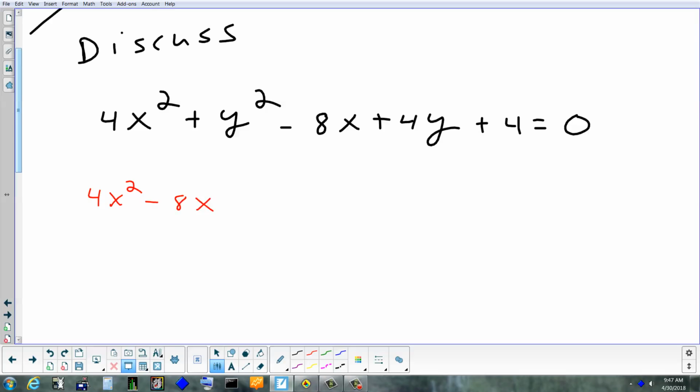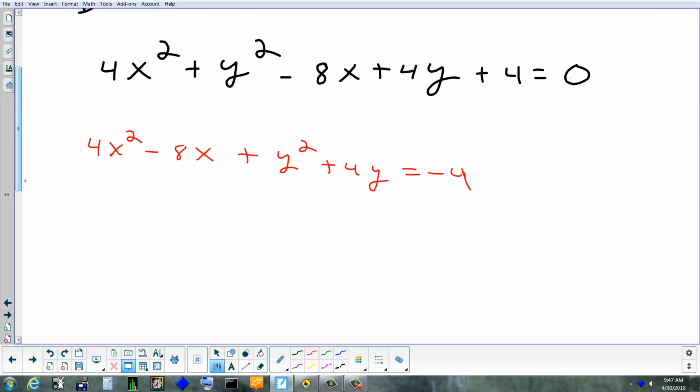So we got 4x squared minus 8x plus y squared plus 4y equals -4. So I said y squared is ready to complete, but how come the x squared isn't? What's wrong here I have to fix? Yep. There's a coefficient, and the only coefficient you're supposed to have is a 1. So let's factor it out.